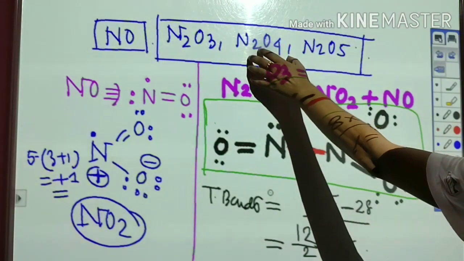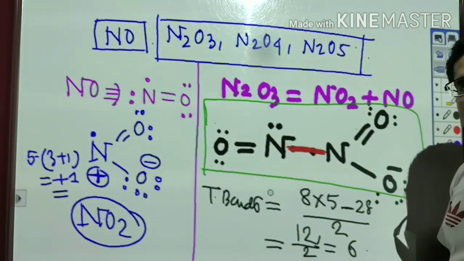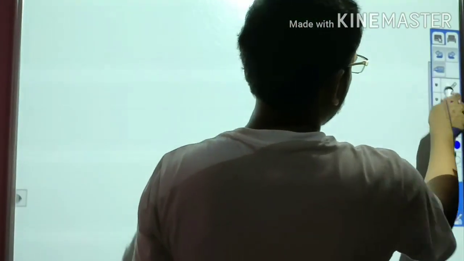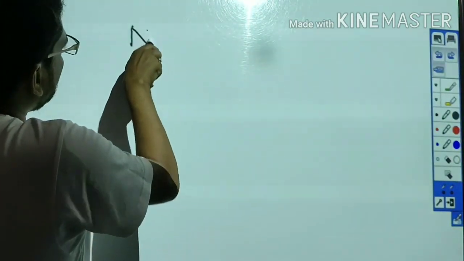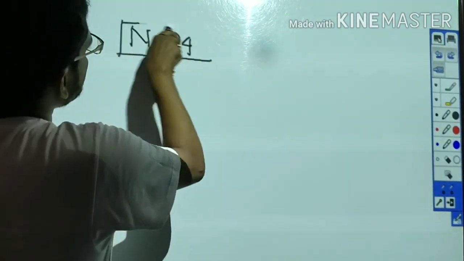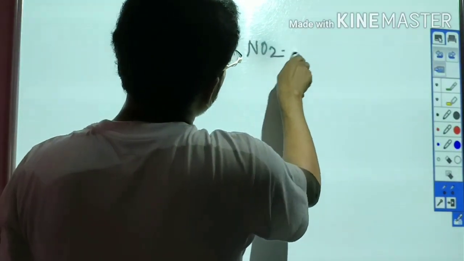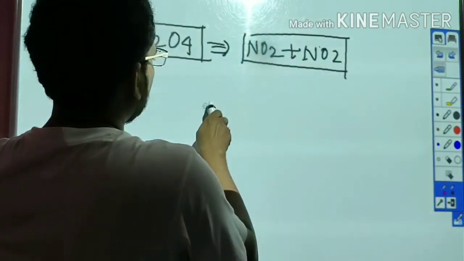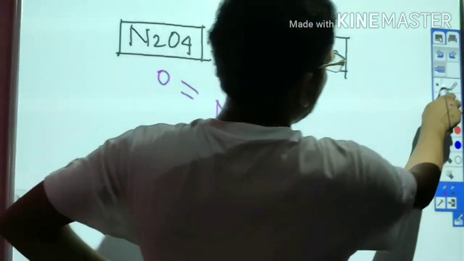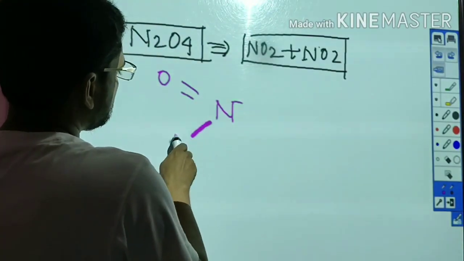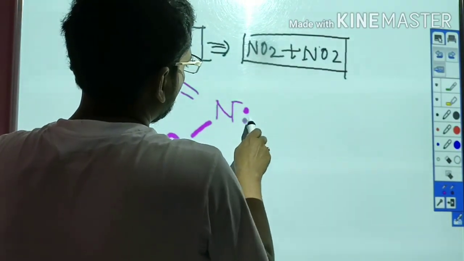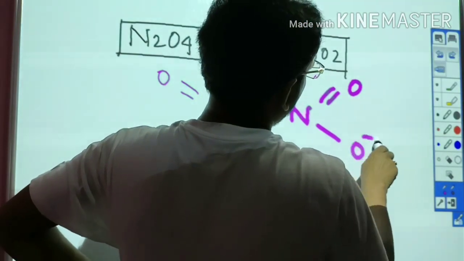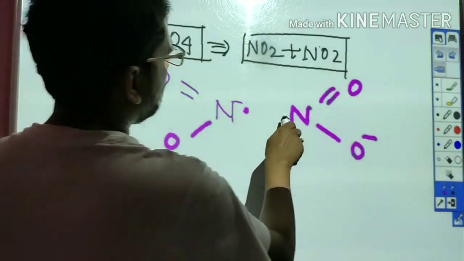Now, if you need to draw N2O4, you just combine NO2 plus NO2. So N double bonded O, single bonded O, and an unpaired electron on N, for each.